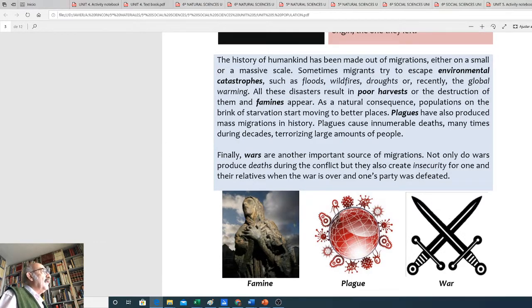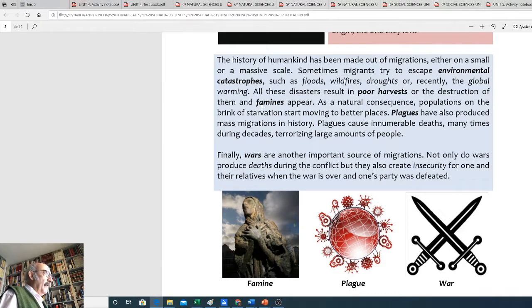Okay? Good. And another important factor are plagues. Plagues have also produced mass migration in history. Okay? Today, we are going through a kind of pandemic. This is a plague. This is another name for a plague. Okay, and another very important source of migrations are wars.